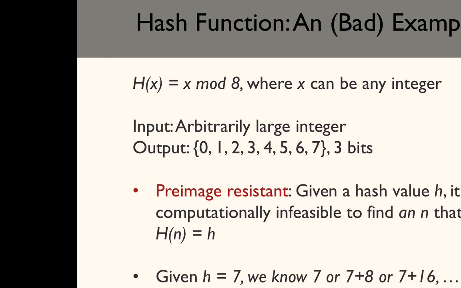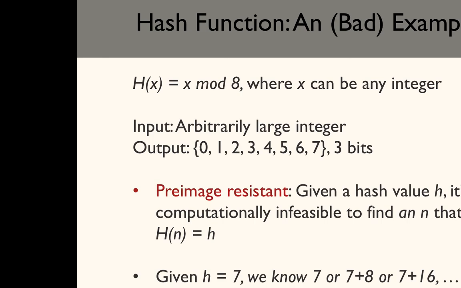So let's say this hash function needs to provide the first property, pre-image resistance, which means given a hash value, it is hard to find any input that can generate this hash value. Obviously, it doesn't hold.